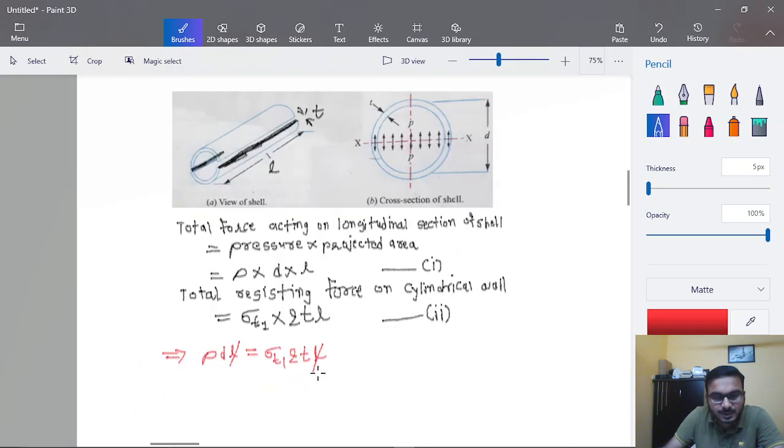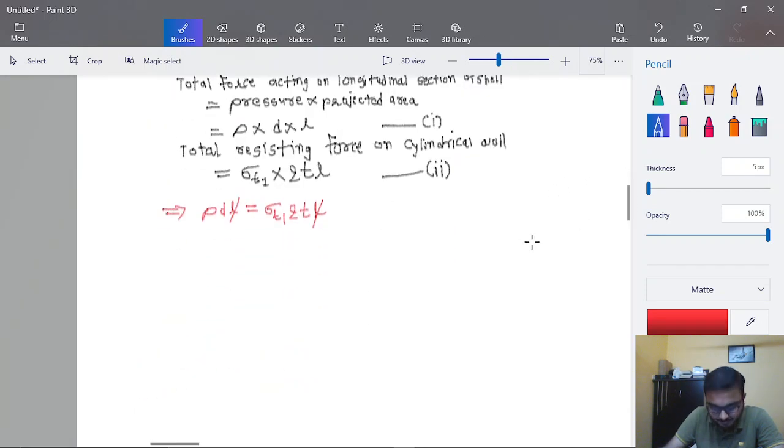Then we can obtain sigma T1 is equal to PD upon 2T.